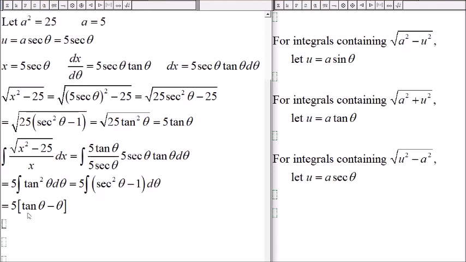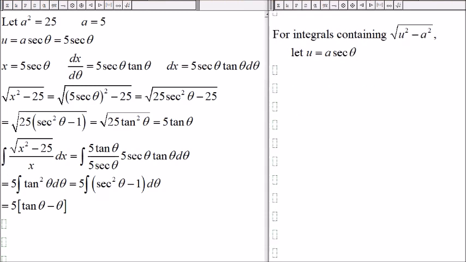And now we need to rewrite theta in terms of x. And to do that, we can go back to right here. So we have x is equal to 5 secant of theta, and then dividing by 5, we have x divided by 5 is equal to secant of theta.